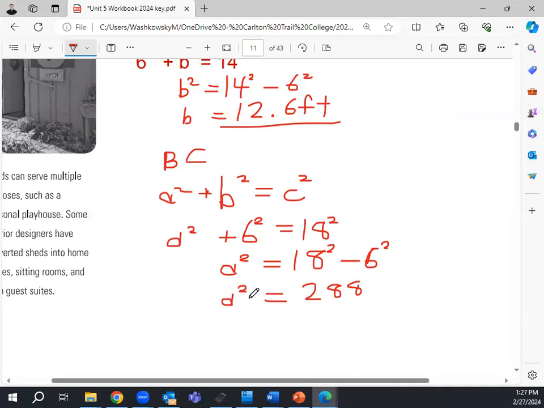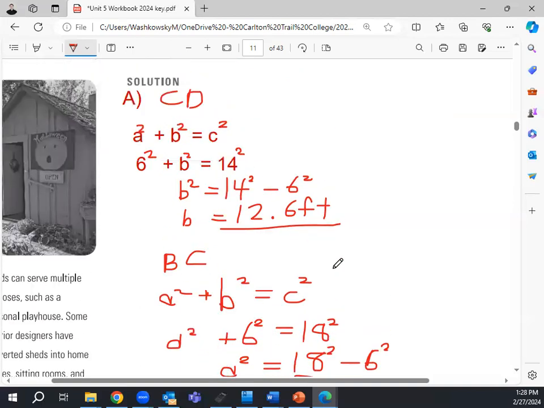Then you square root that to get about 17. And then you just add them together.